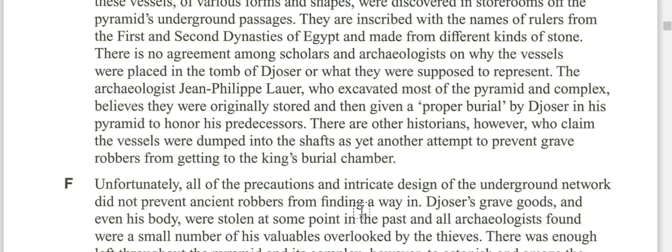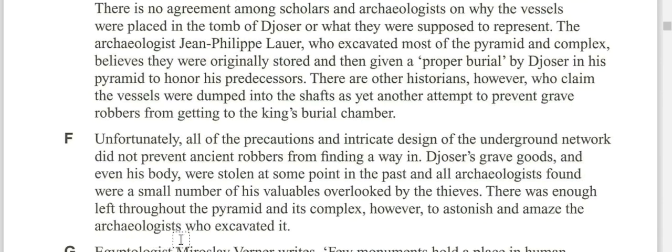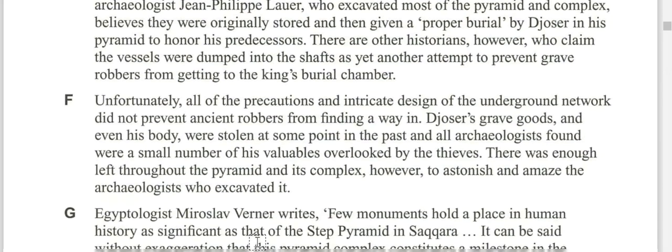Djoser's grave goods and even his body were stolen at some point in the past, and all the archaeologists found were a small number of his valuables overlooked by the thieves. There was enough left throughout the pyramid and its complex, however, to astonish and amaze the archaeologists who excavated.